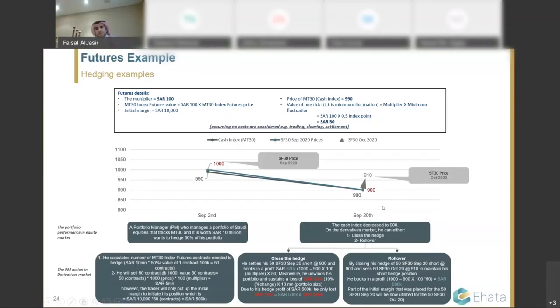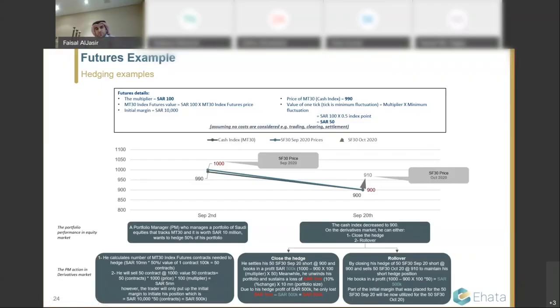However, he does have a hedge in place. The hedge generated for that hedger a gain of 500,000, basically the difference between the price he entered into, 1,000, and 900, which is the settlement price, multiplied by the multiplier.